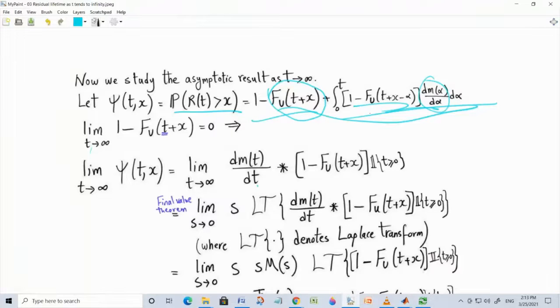Okay? And the way to go here, and again, we are already assuming that the limit exists, is that we can apply something like the final value theorem of the Laplace transform.